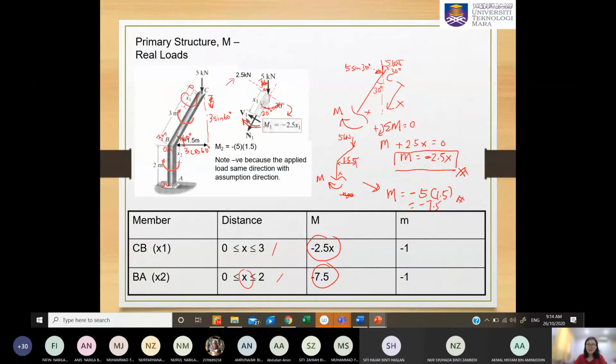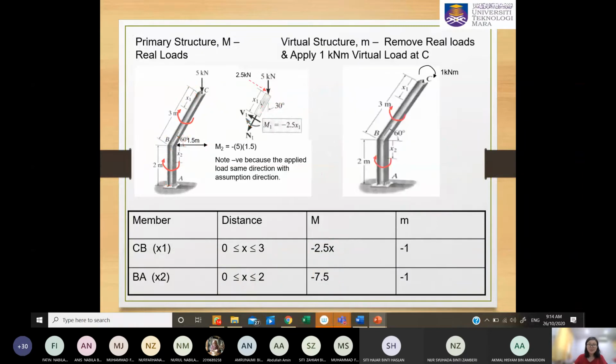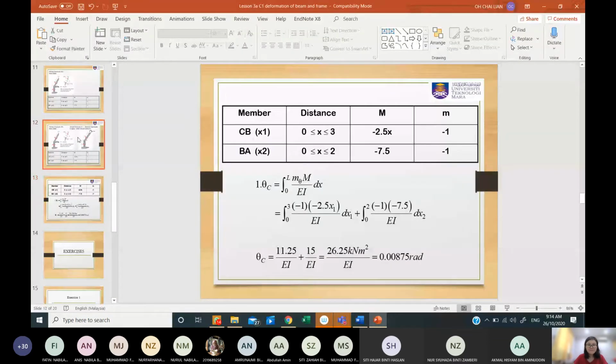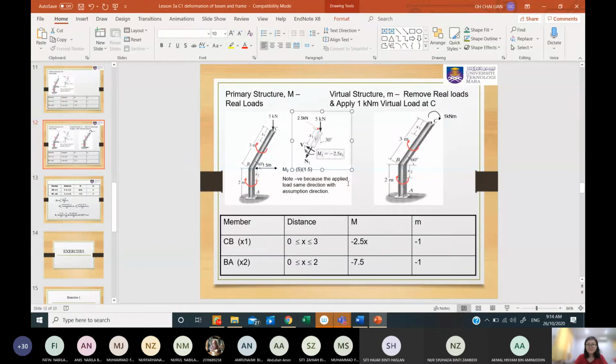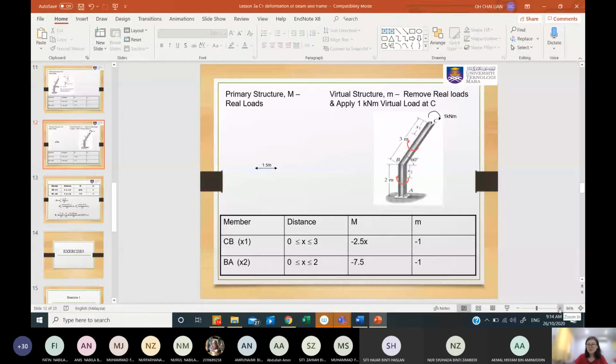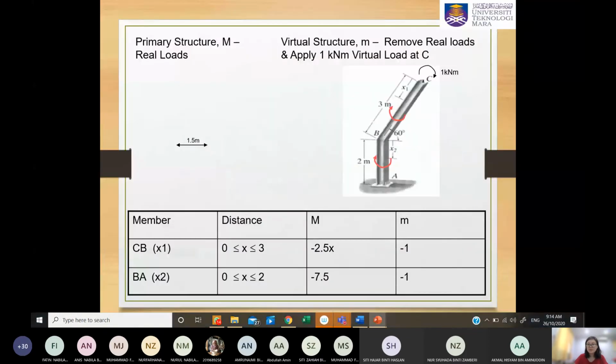Okay, so now I'm going to move to the virtual structure. For virtual structure, I'm going to erase this. But maybe I no need to erase that.